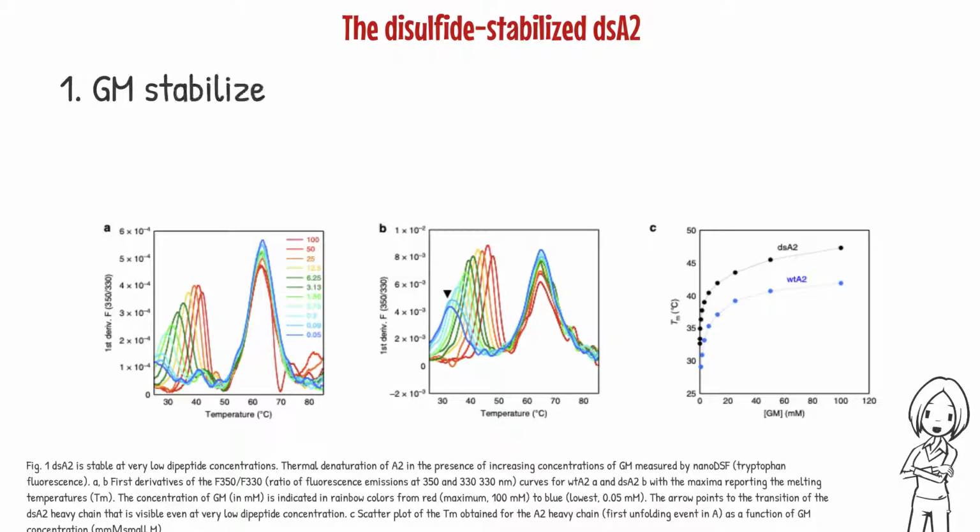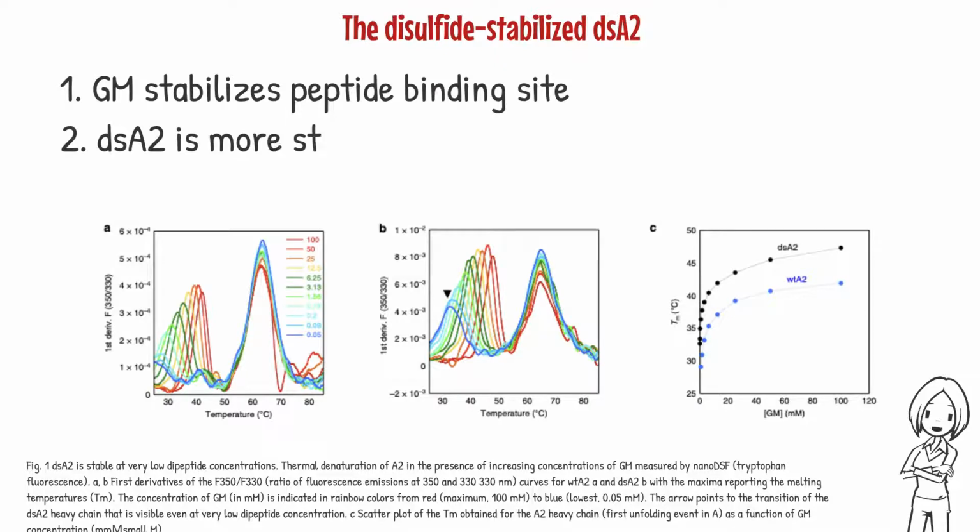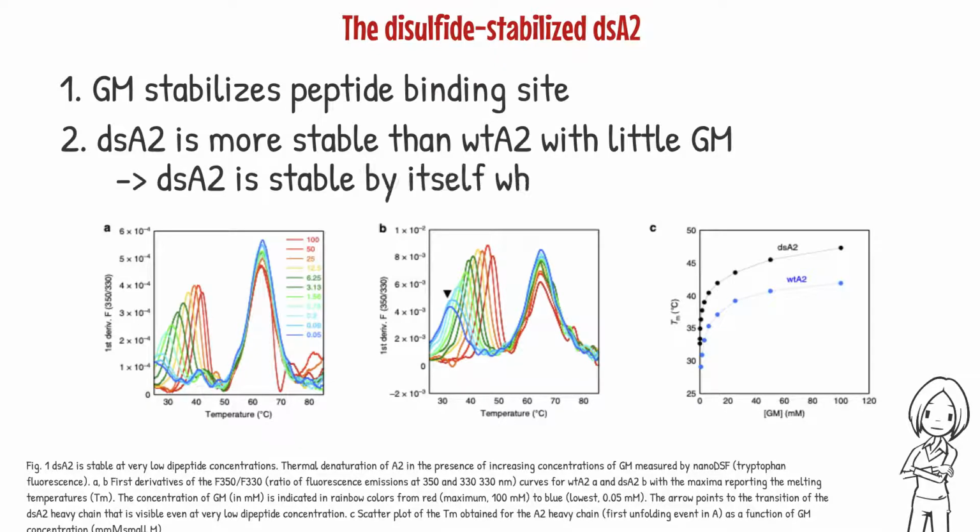First, that the dipeptide glycyl methionine stabilizes the peptide binding site, and second, that the disulfide stabilized class 1 molecule is more stable than the wild-type class 1 molecule if there is no or very little glycyl methionine, which means simply that the disulfide stabilized class 1 molecule does not need the stabilizing dipeptide. It is stable in itself when empty.